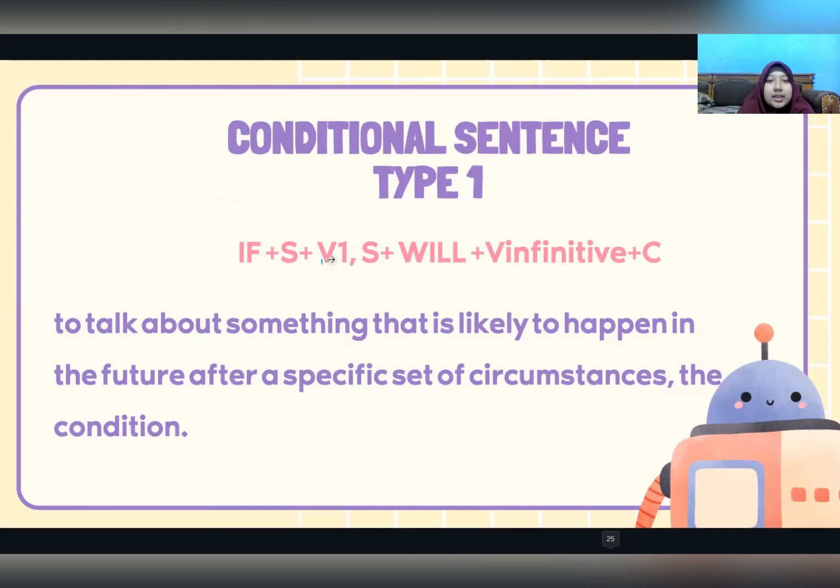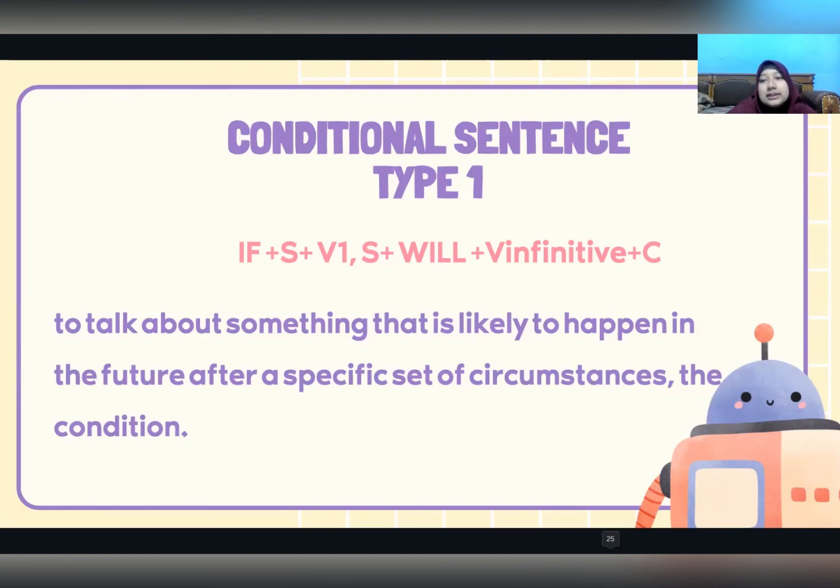The main clause is subject plus will plus verb infinitive plus complement. The function of conditional type 1 is to talk about something that is likely to happen in the future after a specific condition.